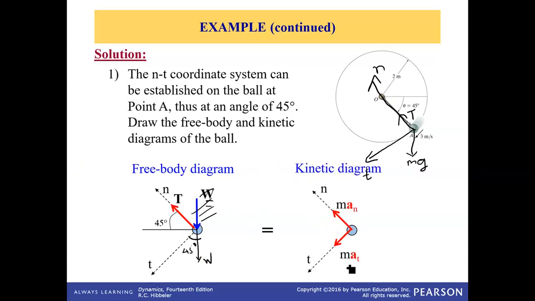Now as a result, the ball experiences both tangential acceleration and normal acceleration, so its kinetic diagram includes m a_t and m a_n. Now what we need to do is apply sigma F_t equal to m a_t and sigma F_n equal to m a_n. So these are our equations of motion. We need to apply them along the tangential direction and normal direction.